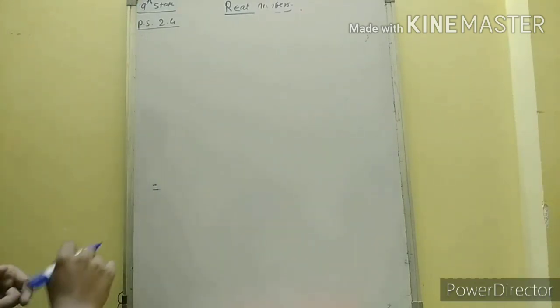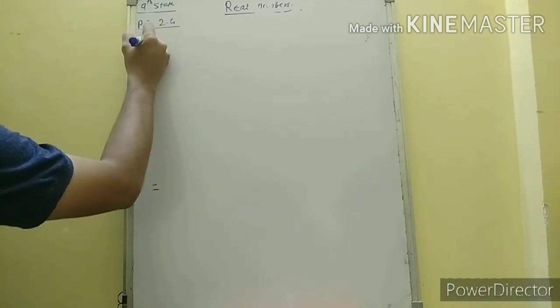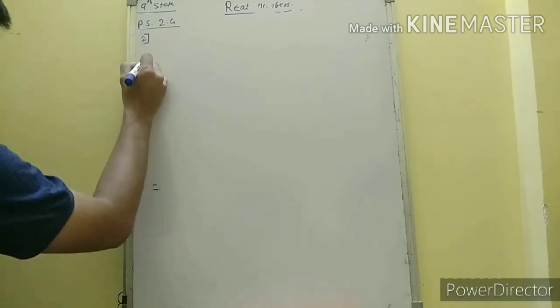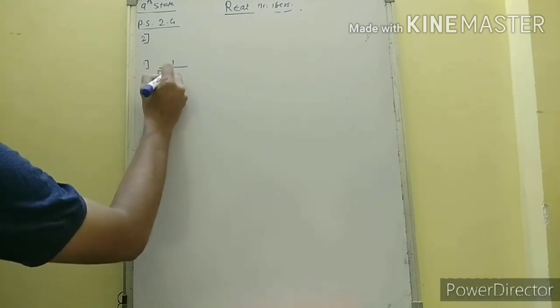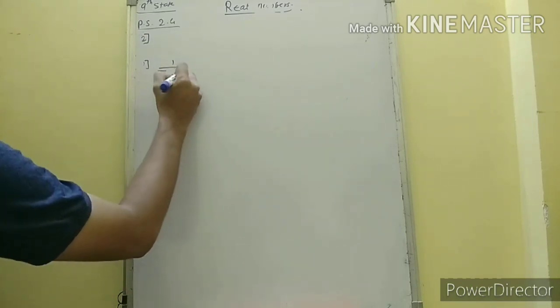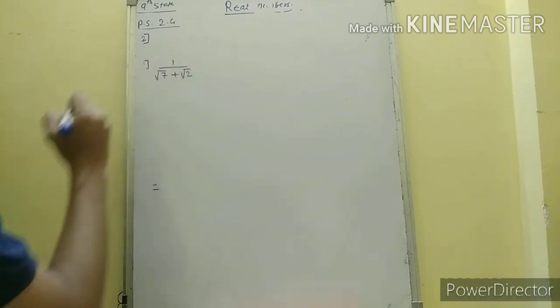Next is rationalize the denominator. What is the first question in it? 1 upon square root of 7 plus square root of 2.